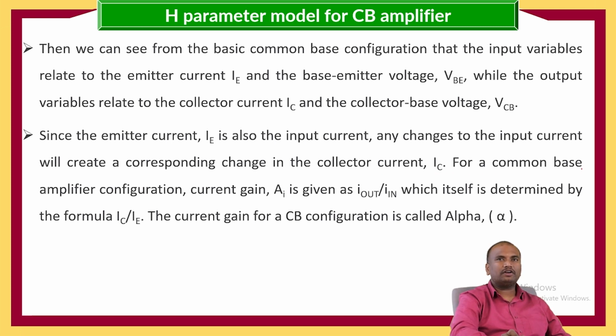For a common base configuration, current gain is given as I output by I input, which is determined by the formula IC by IE. The current gain for the common base configuration is called alpha.